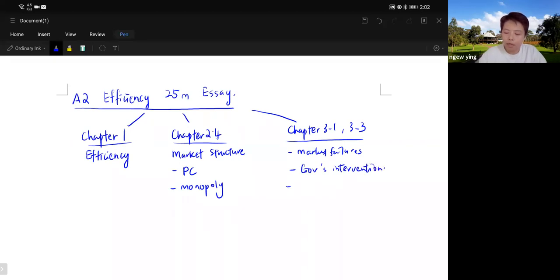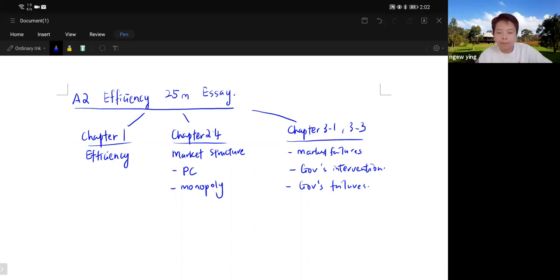And the last part could be government failure. So this 25 marks efficiency essay comprises the information from these four chapters, and what we need to do today is put all four chapters' information together in order to answer this efficiency essay.